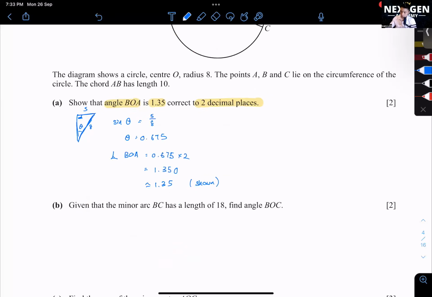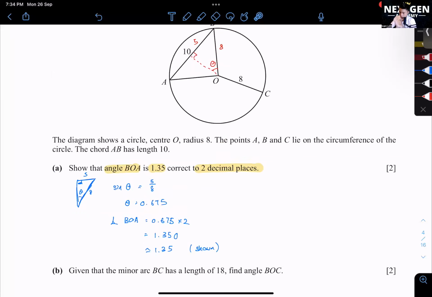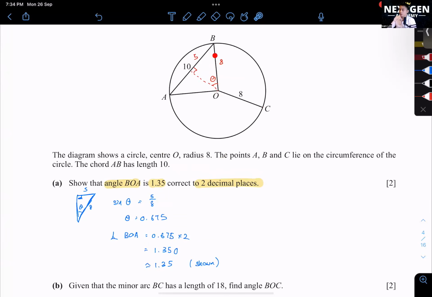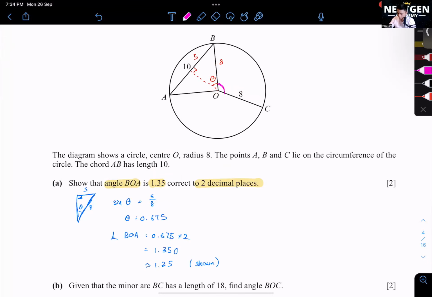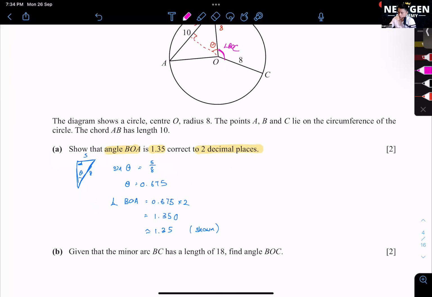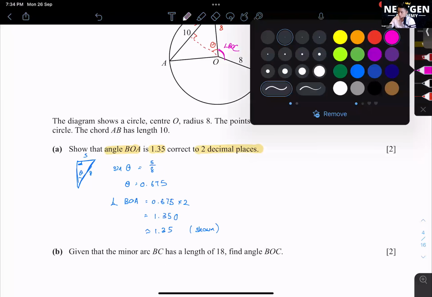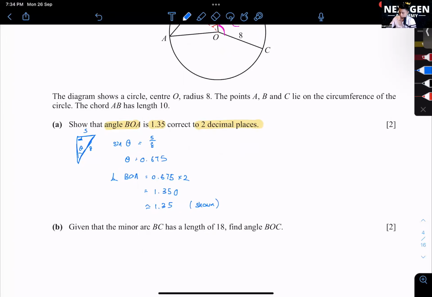Okay? Question B. Given that the minor arc has a length of 18, find angle BOC. Okay, so they want us to find BOC, right? Okay, so BOC, let's just say I have this one, okay, angle BOC. Okay, so we can use R theta equals arc length.